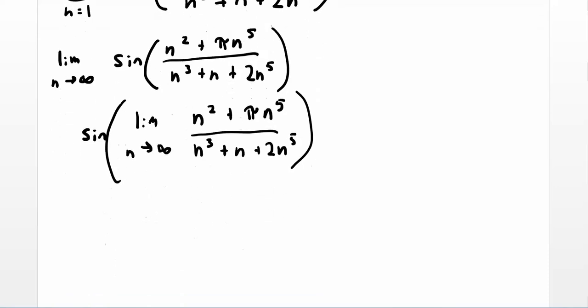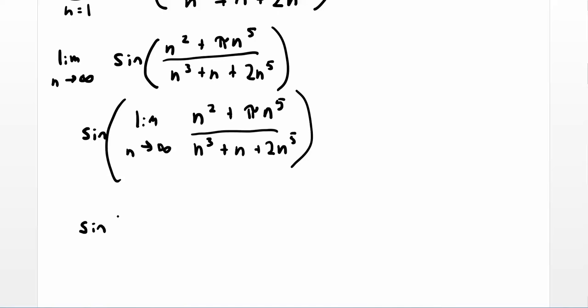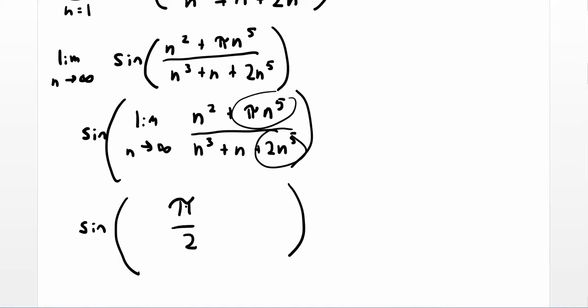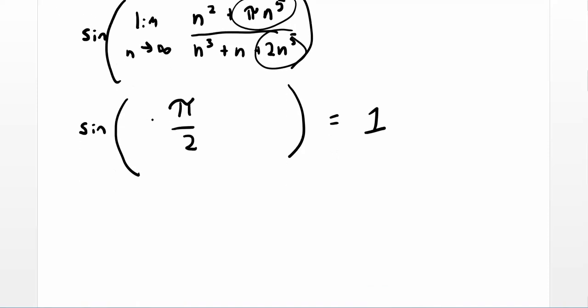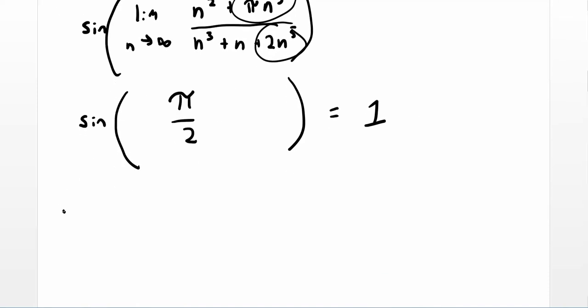From this point, we should be able to tell that the limit of the inside, if you look at just the highest power terms, n to the fifth and n to the fifth, the limit on the inside just goes to pi over 2. And sine of pi over 2 is 1. So again, this is not 0, so we can conclude that our series diverges.